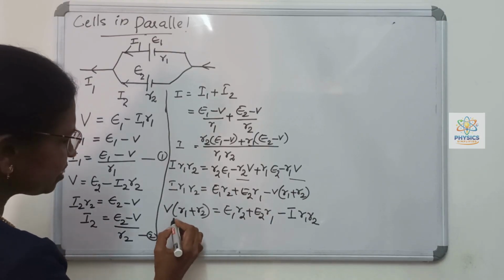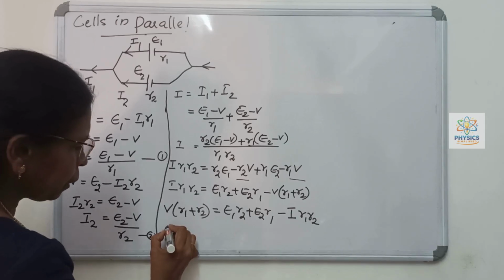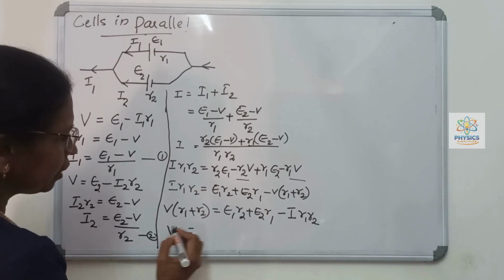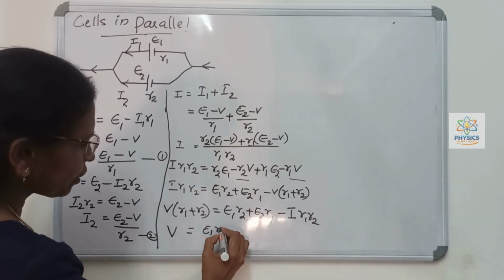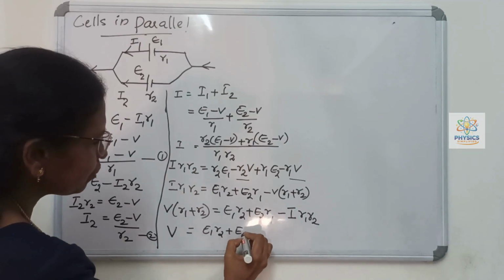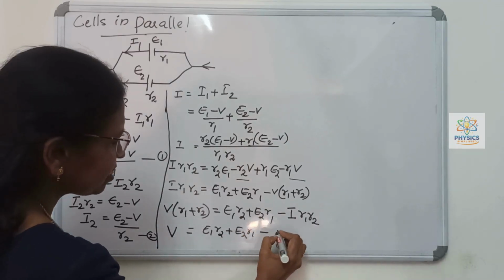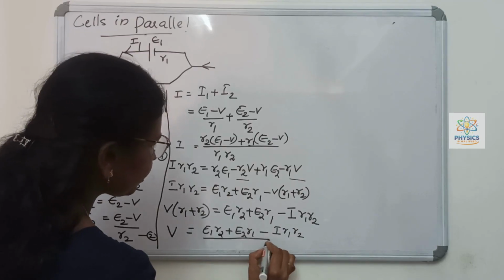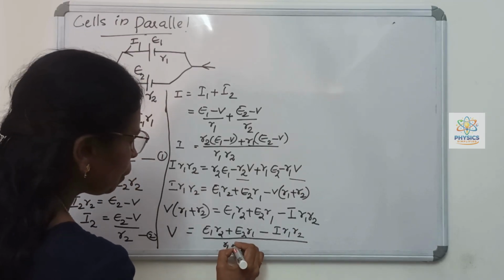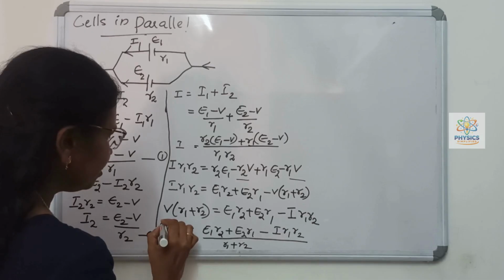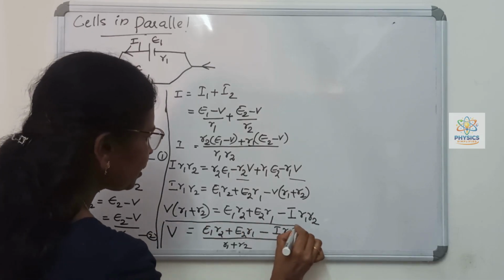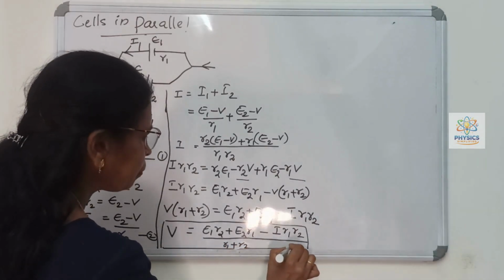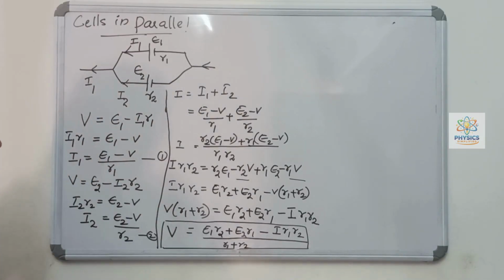Next, from this equation we can write the potential difference V is equal to (E1 R2 plus E2 R1 minus I into R1 R2) the whole divided by (R1 plus R2). This is the formula used to calculate the potential difference across the terminals of the two cells.